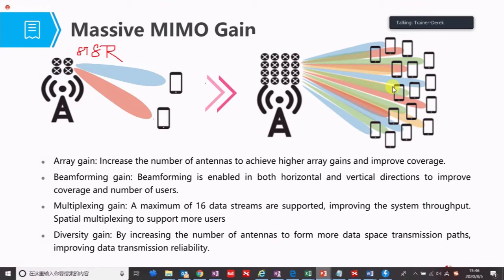And this MIMO level is much higher. They can get the array gain. Array gain means we can increase the number of antennas to achieve high array gain and improve the coverage. Our 4G may support 4T4R, and our 5G can support 16T and 16R. So it's good. It's better than 4G.